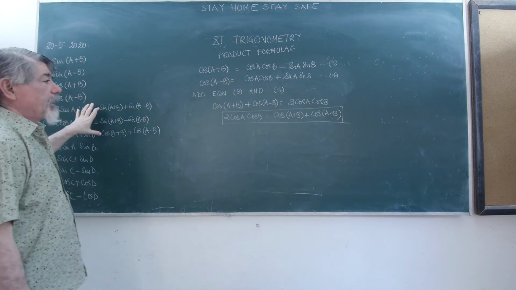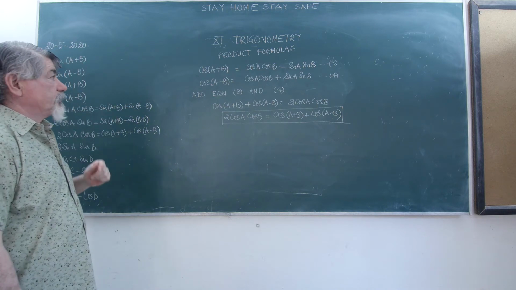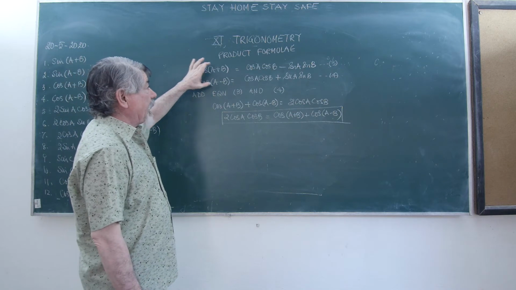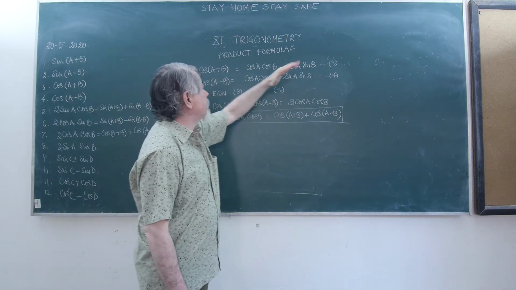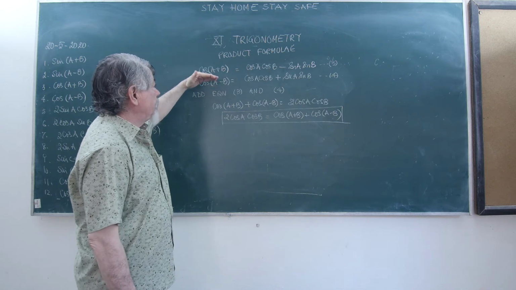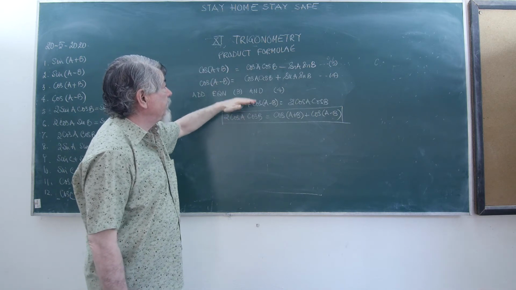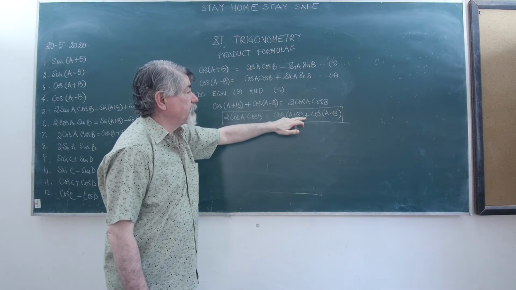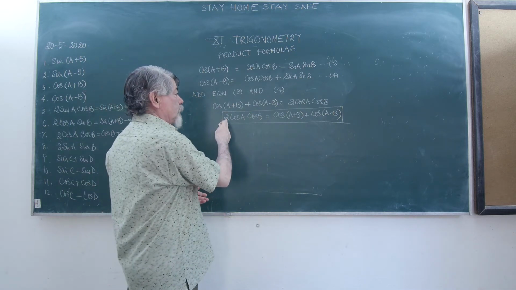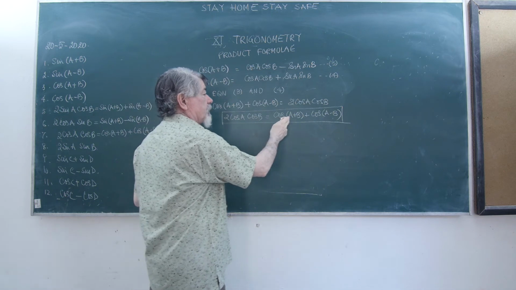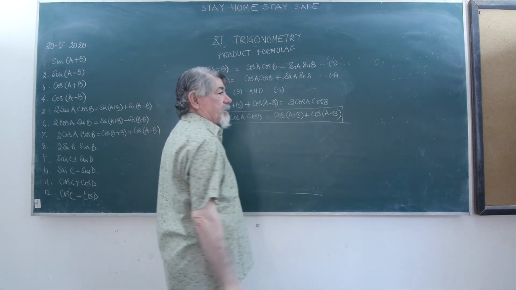That is why I am writing the formulas this side also. So what we did, we added the equations 3 and 4. These two terms cancel. Cos A plus B plus cos A minus B became 2 cos A cos B, and we can shift the side. So 2 cos A cos B can be written as cos A plus B plus cos A minus B.